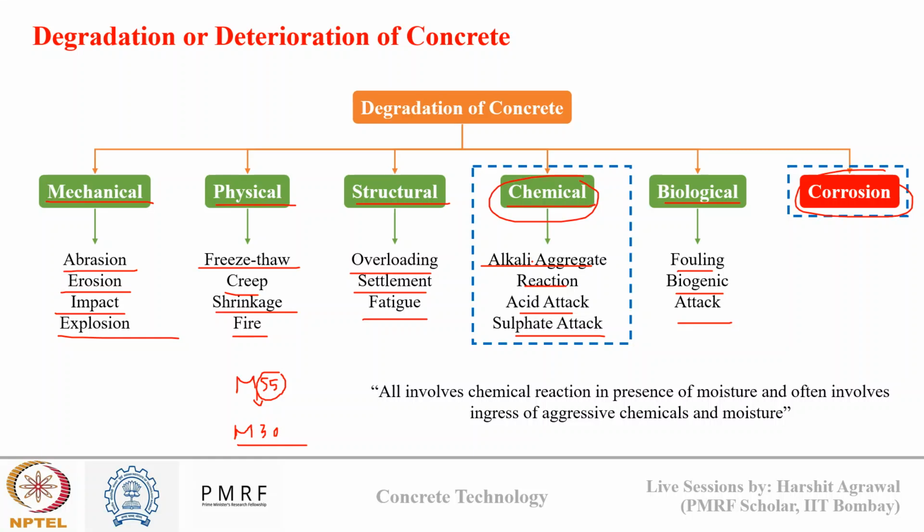For all these chemical and corrosion related degradation, moisture is key. When aggressive ions enter the concrete structure, they need moisture with them. So if my structure is less permeable, the moisture penetration will be less, and my concrete will have more durability against aggressive chemicals.